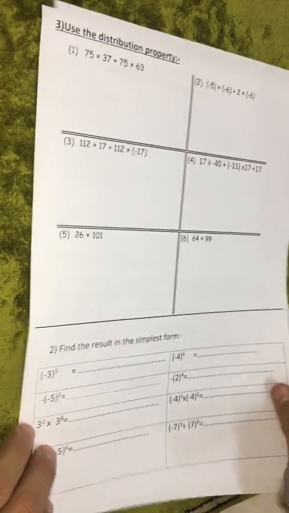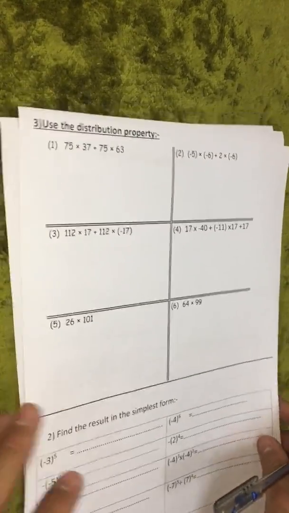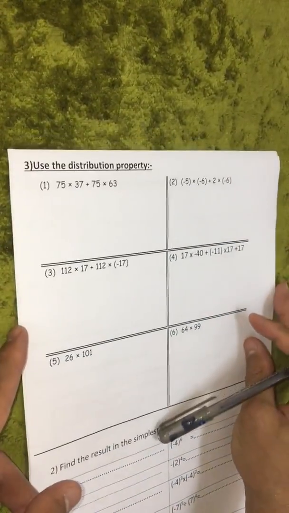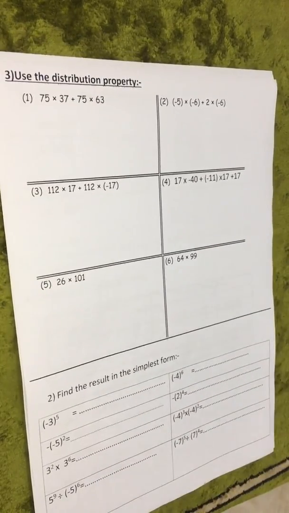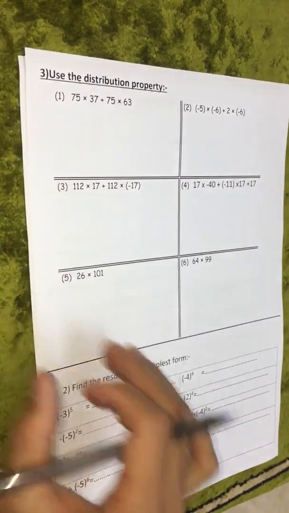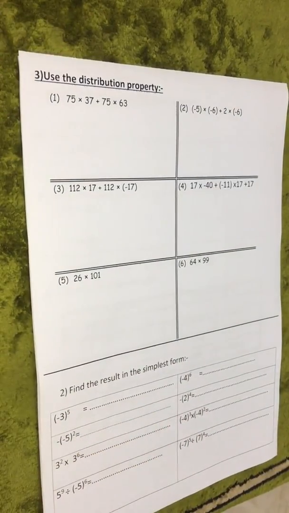Now we will talk about the distributive property. In this part of the lesson, you must look at the repeated number, and this repeated number must be multiplied by another number. If you don't find this repeated number multiplied by another number, you will multiply it by 1.